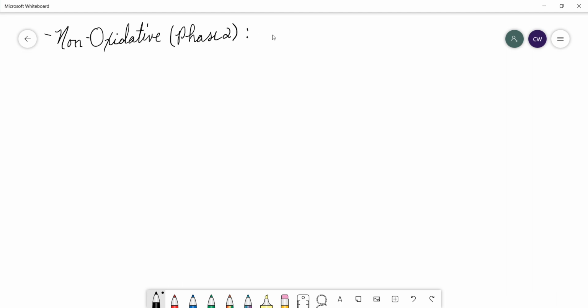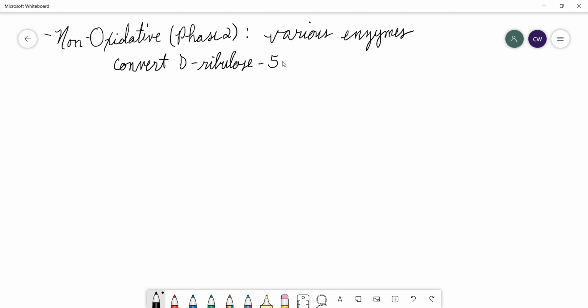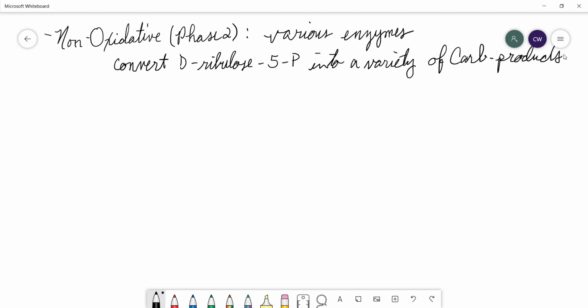And it consists of various enzymes that convert the D-ribulose 5-phosphate into a variety of carbohydrate products and derivatives.